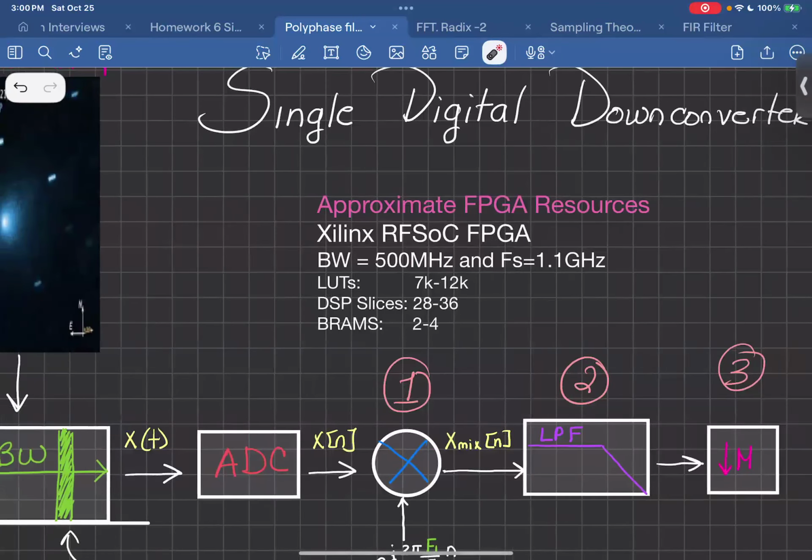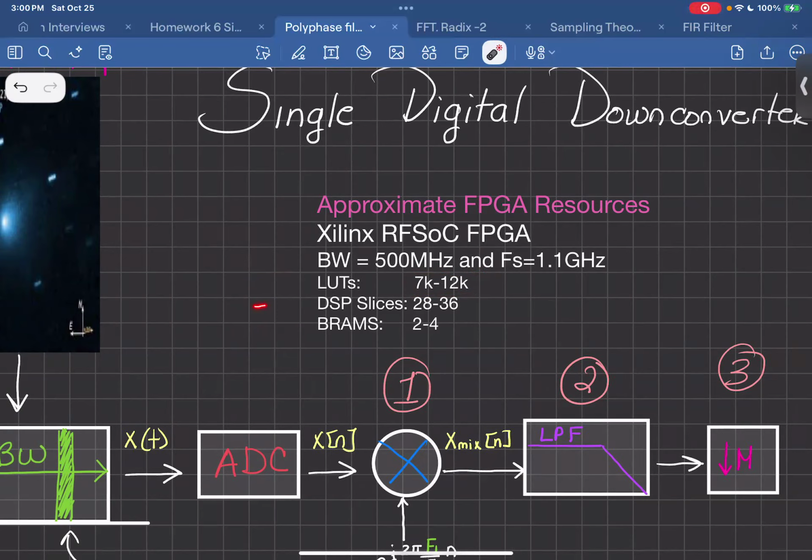We're looking at the Xilinx RF SoC FPGA, and we're imagining we have a bandwidth of 500 megahertz and a sampling rate of 1.1 gigahertz. These are the major resources that we are consuming. Lookup tables: we're using about 7K to 12K, 7,000 to 12,000.